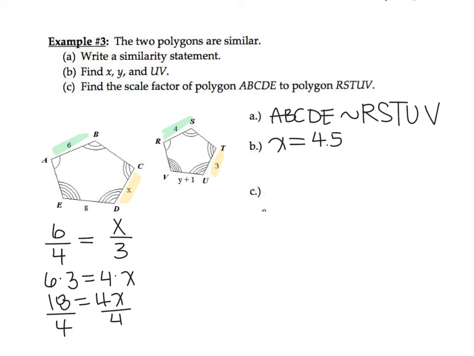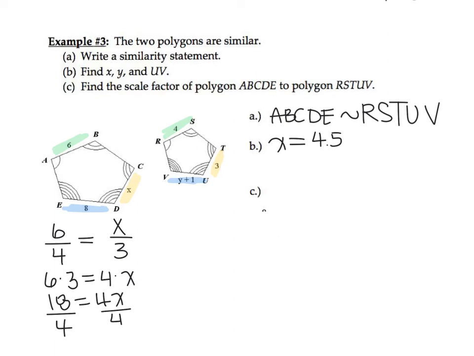Next, we want to solve for Y. So we're going to use the same known sides of AB and RS, but now we have to use sides DE and UV, since Y is contained in side UV.